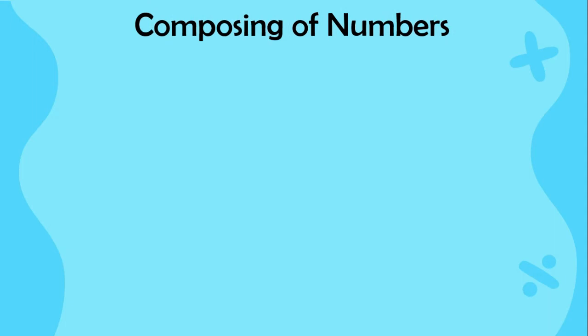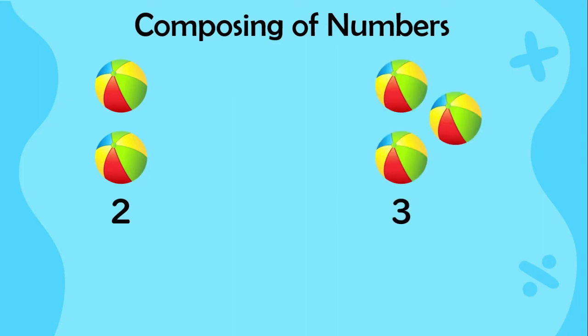Okay, another example for composing of numbers, we have 2 balls in the first set, and then we have 3 balls on the second set. So if we're going to combine these balls here, the 2 balls and 3 balls, we will have a total of 5 balls in all, which means we combined, we put together 2 and 3.